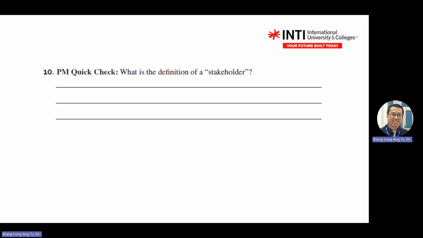Okay, what is the definition of stakeholders? We keep asking this question for the last 3 chapters. Stakeholder is somebody who is involved in the projects and can affect the results of the projects.